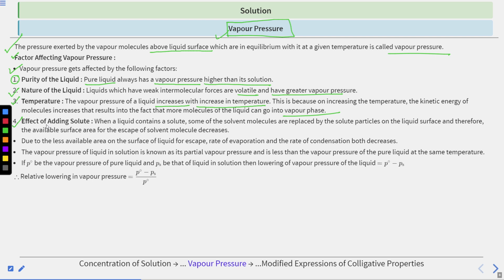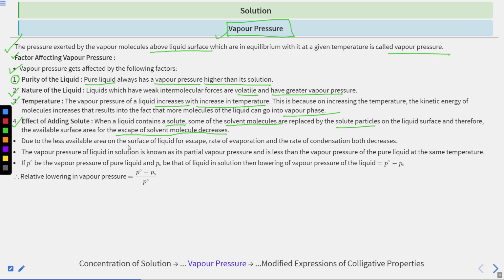Fourth factor is effect of adding solute. So when a liquid contains a solute, some of the solvent molecules are replaced by the solute particles on the liquid surface, and therefore the available surface area for the escape of the solvent molecules decreases, hence their vapor pressure will decrease.